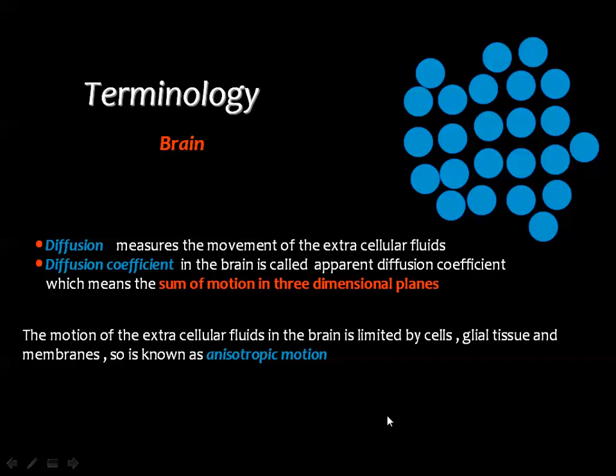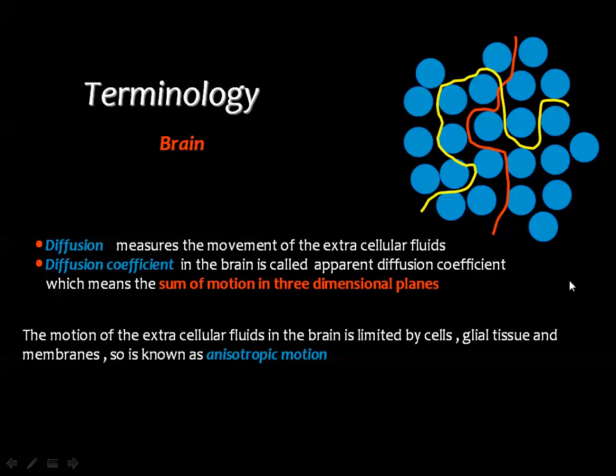What is the relation between the diffusion of ink in water and the imaging of the brain tissue? You know that the brain tissue is formed of cells and the extracellular space which contains water or fluids. The aim of the diffusion weighted images is to measure the movement of extracellular fluid, the movement of the fluids in between the cells.